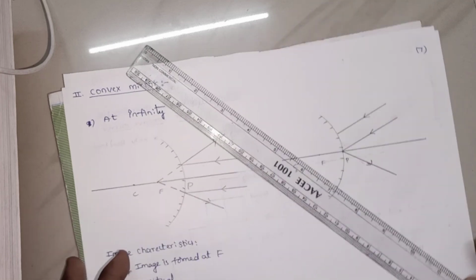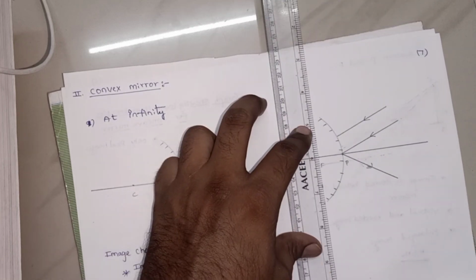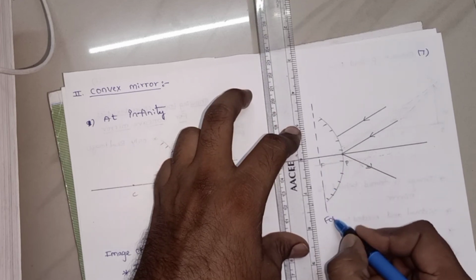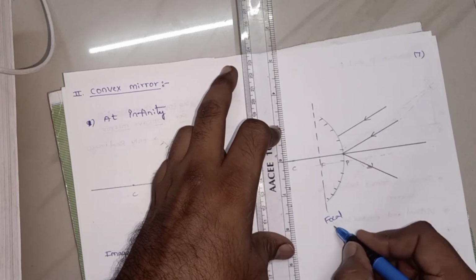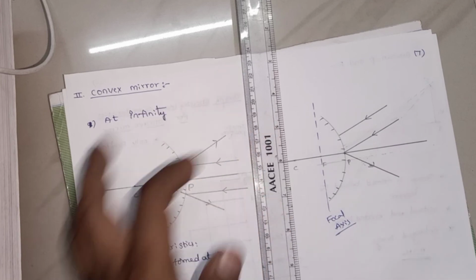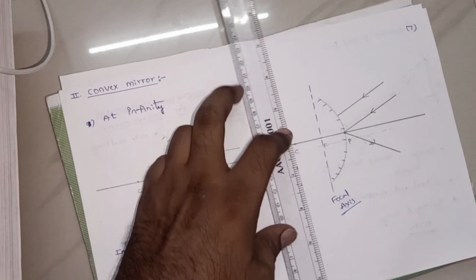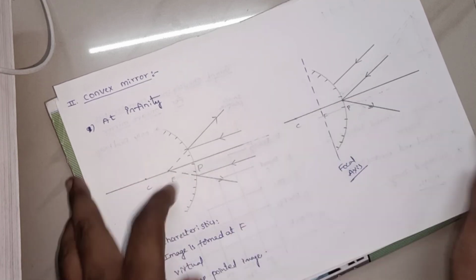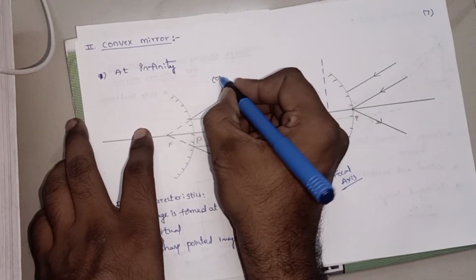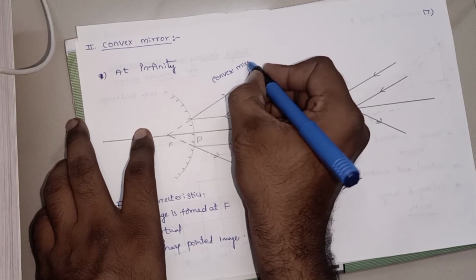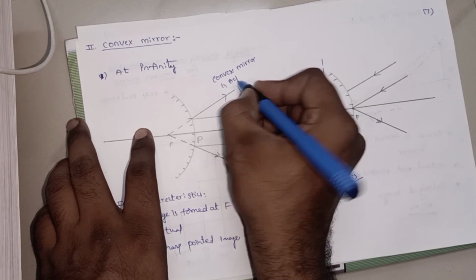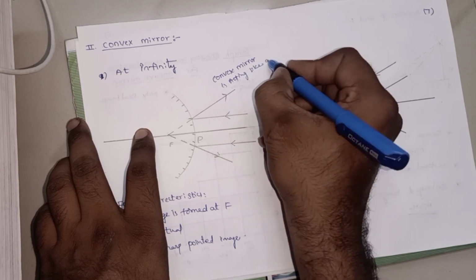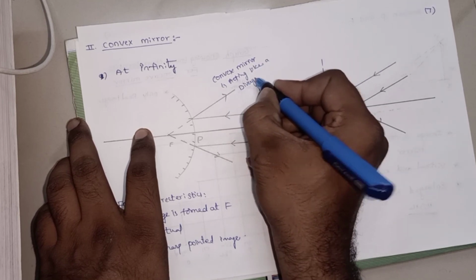Here I need to take the help of the focal axis. So I would like to draw the focal axis. The focal axis is nothing but the line which is passing through focus and perpendicular to the principal axis, that is called focal axis. Now from this first diagram it is clear that a convex mirror is acting like a diverging mirror.